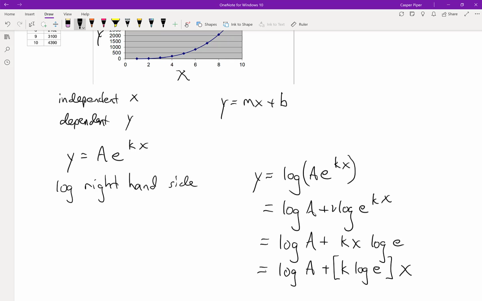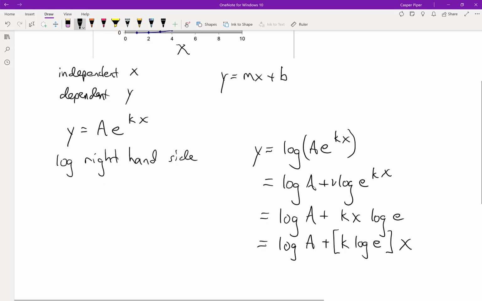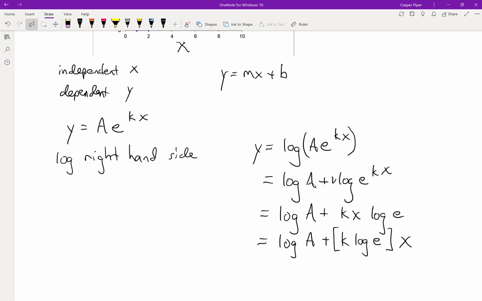But k is a constant, the log of e is a constant, probably 1 if it's a natural logarithm I did on both sides. And so this is equal to some constant, which I'm going to call b, plus another constant, which I'm going to call m, times x. So this is, and actually let me use a lowercase b here, this is a straight line. This is y equals mx plus b.